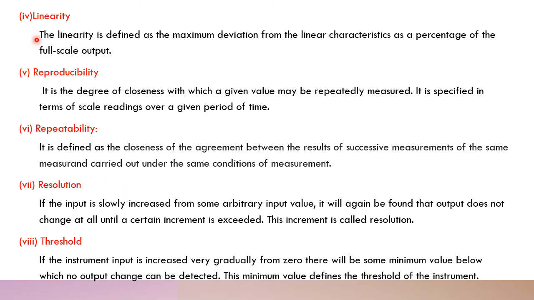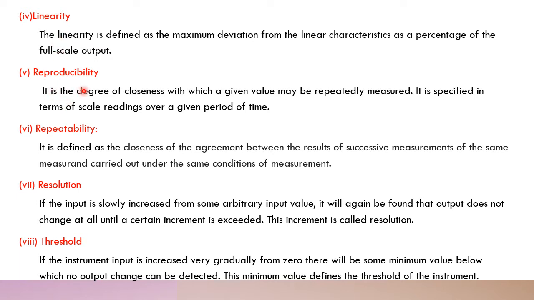The fourth one is linearity. So linearity means the maximum deviation from the linear characteristics curve, that is called the linearity. Usually the curve is linear, but somewhat practically there will be some deviation. How much deviation occurs, that is the linearity.